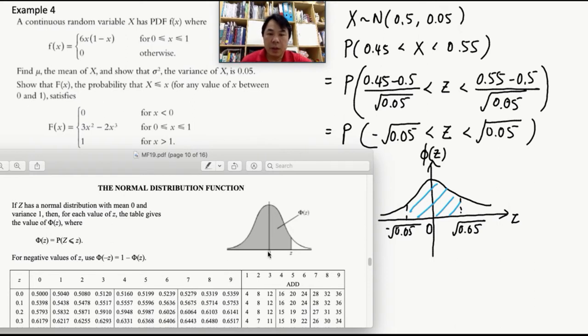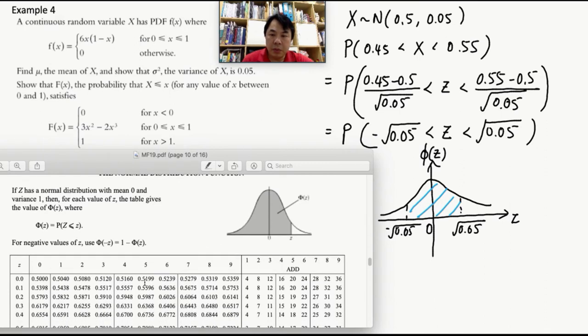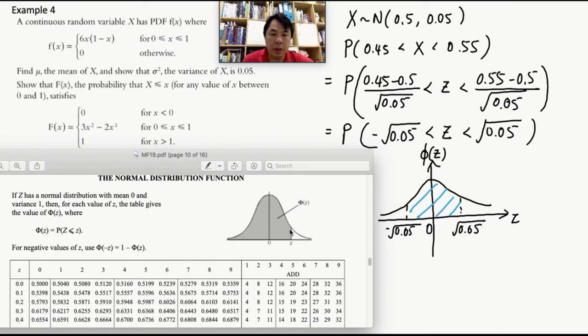But based on the one that we have, this is the configuration. Whatever numbers you read from this table represent the area that covers the left-hand side tail of this region.